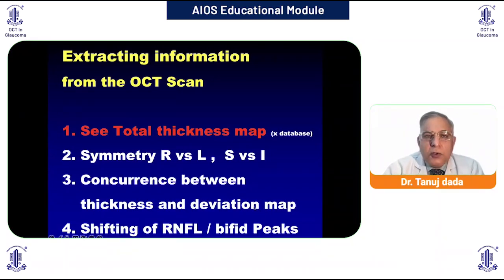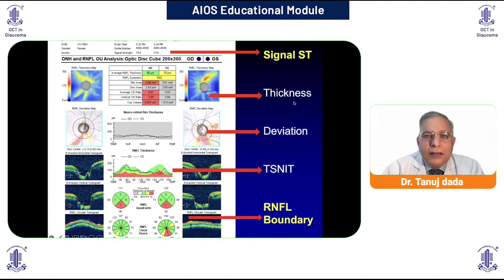And a common thing you should be aware of is the shifting of the retinal nerve fiber layer peaks or bifid retinal nerve fiber layer. That is a physiological variation that can cause red disease on the OCT. So here you can see, whenever you start interpreting the OCT after seeing the parameters, focus on the RNFL thickness map. So here you can see yellow superior versus inferior.